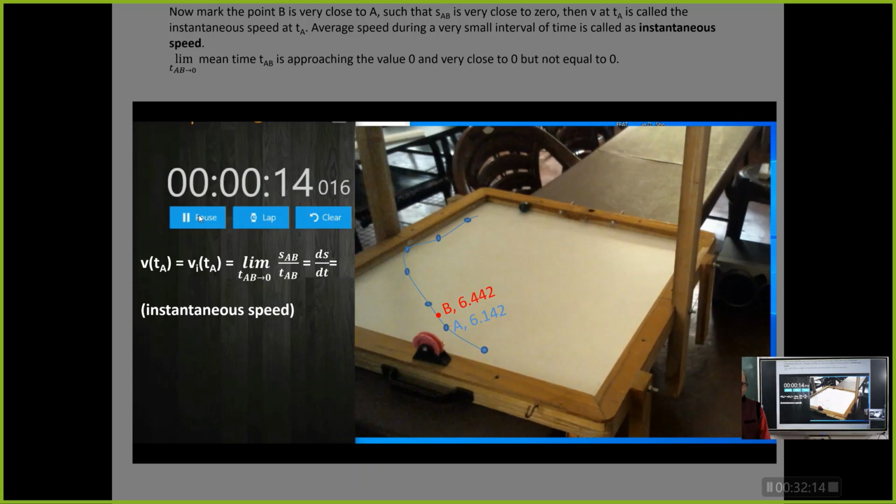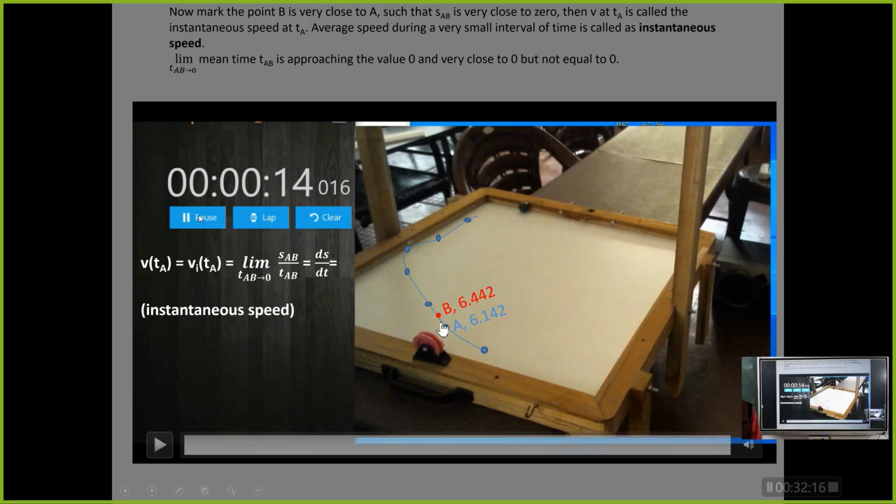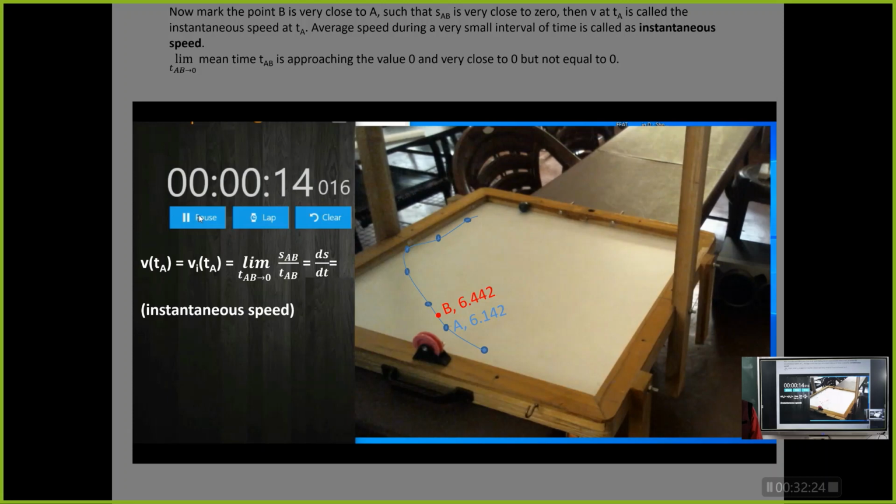If I move this point B very close to A, then what is the distance from A to B? It's almost nil, almost equal to 0. Then what is the time of travel from A to B? It's in milliseconds, very, very small.